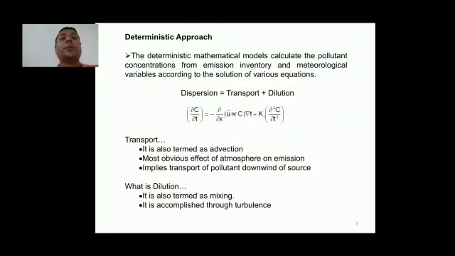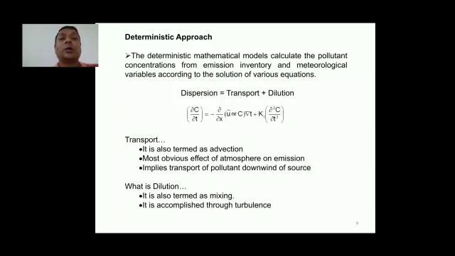Now, the deterministic approach. What is a deterministic approach? Deterministic mathematical models calculate the pollutant concentration from the emission inventory and meteorological variables according to the solution of various equations. Dispersion is equal to transport plus dilution.